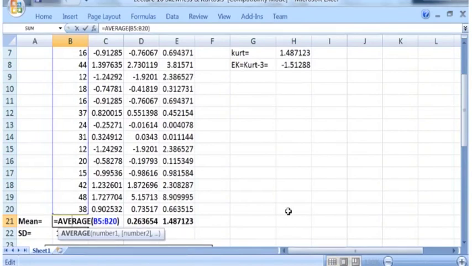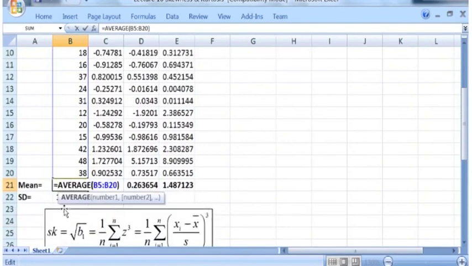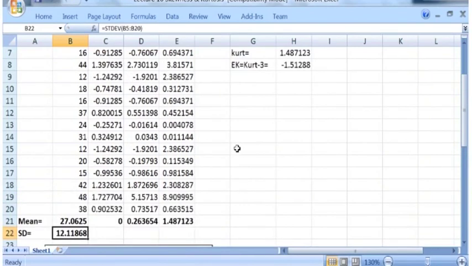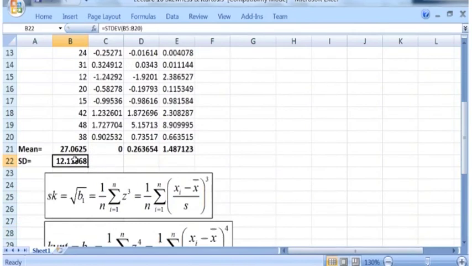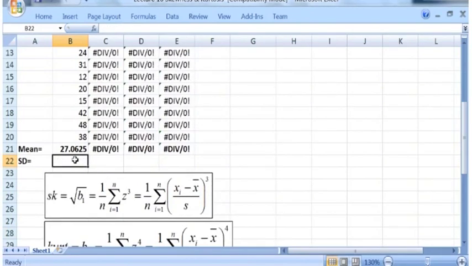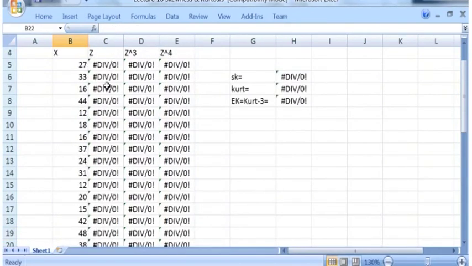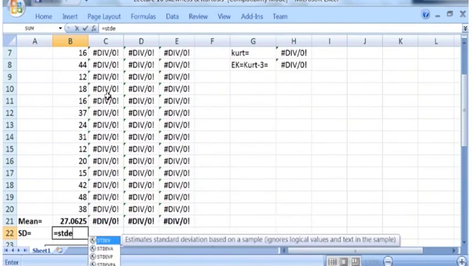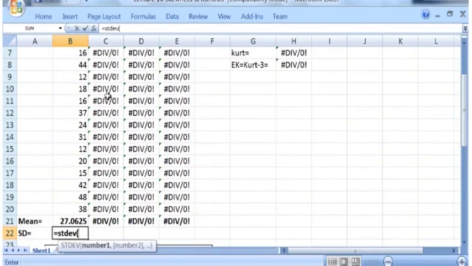Using the average function, equals average B5 to B20, we can calculate the mean, and we can also calculate the standard deviation using an Excel built-in function. In order to calculate standard deviation, we can use the STDEV formula.